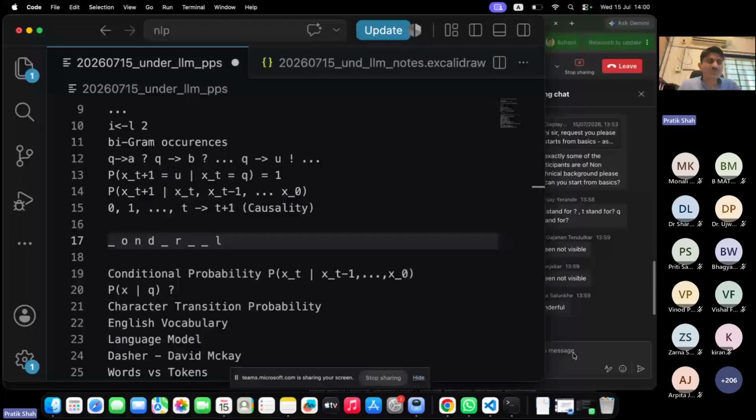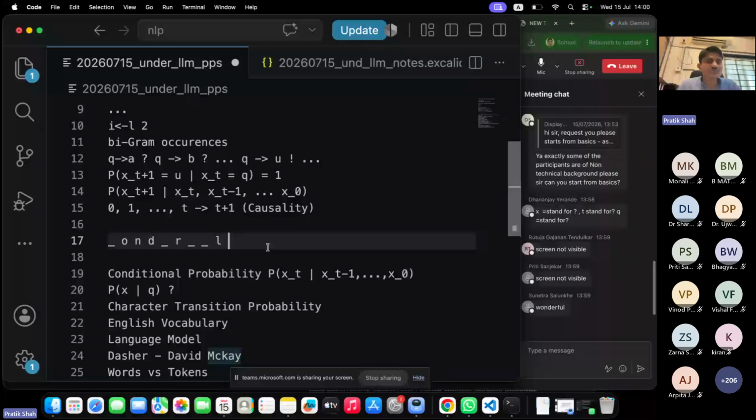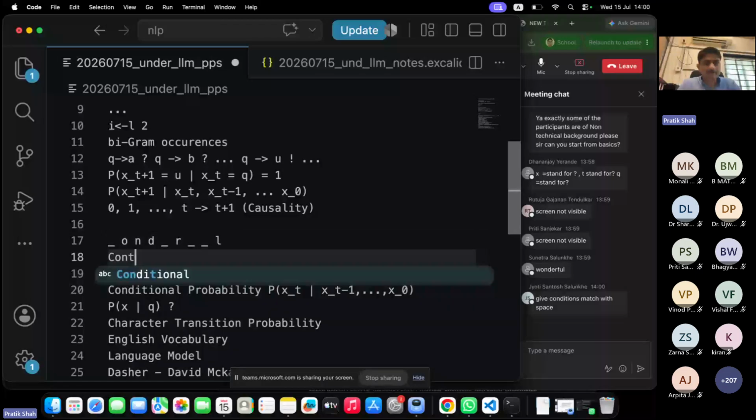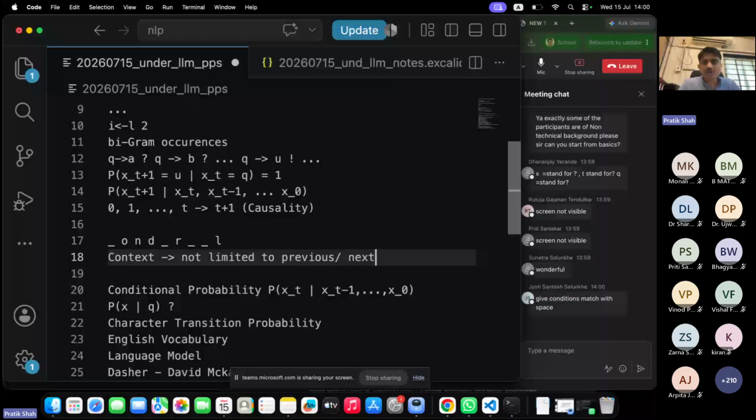So now what we see here is there is no causality in place. So there is no sequence in which, correct. So we have a wider scope of word context. Now context is not limited only to previous, or only next characters or words or events, correct?